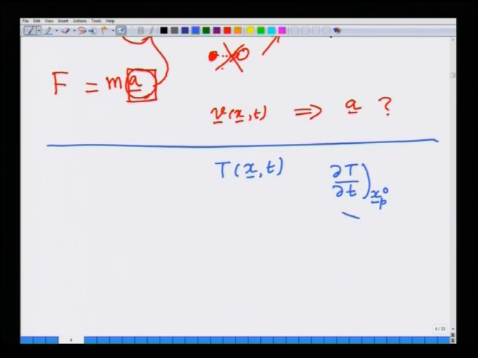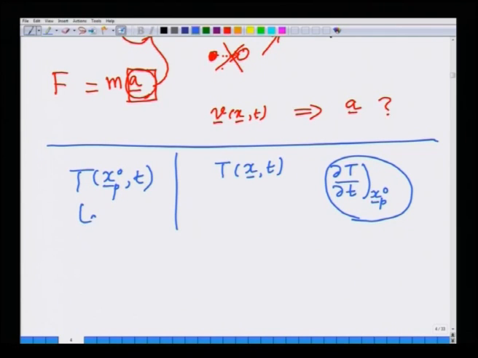This is a Lagrangian time derivative. Notice that the Lagrangian description and Eulerian description differ merely by what the independent variables are. This is the Lagrangian description, this is the Eulerian description. So, they change not only by the independent variables that we choose to describe the problem with.